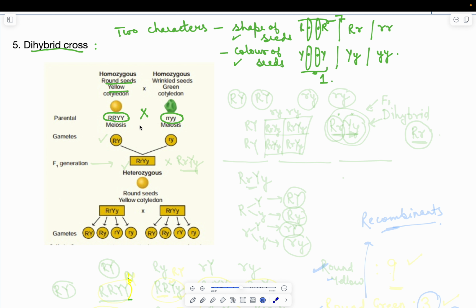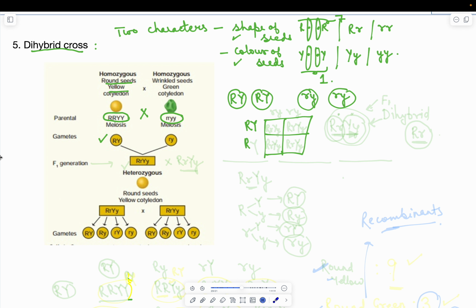So what kind of gametes are produced by the female plant? There's a possibility of formation of only one kind of gamete, right? And in the case of male plants, there's a possibility of formation of again one kind, different but one kind of gamete. So these are the gametes which are produced in the parental generation. Now we will find out the possibility of formation of the genotypes, right?